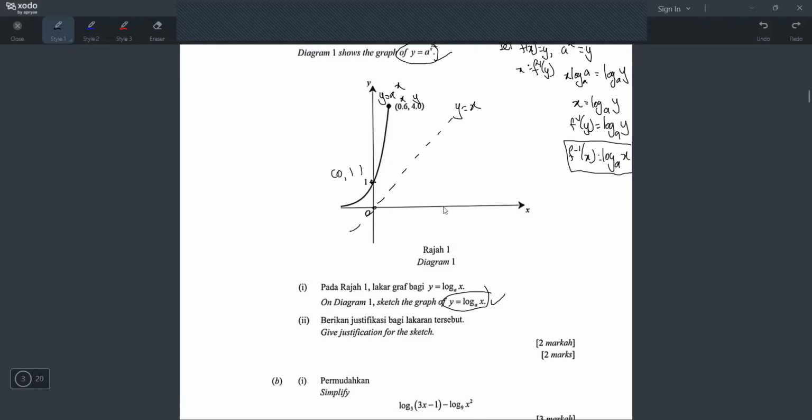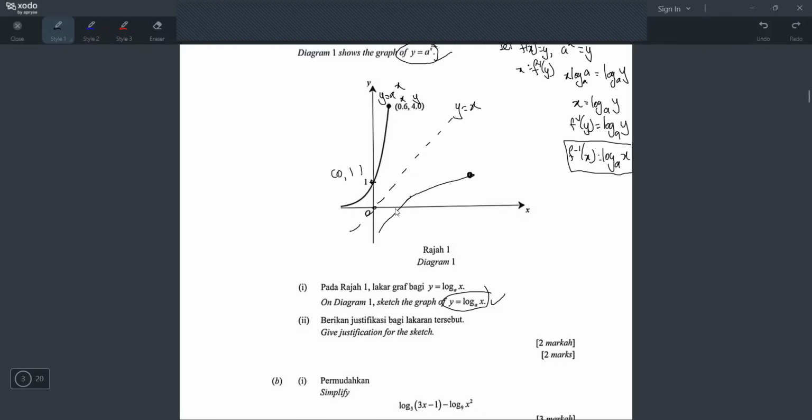Let's try one more time. This line is more to the right. I think like this is good enough, right?